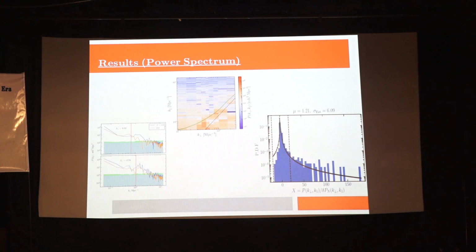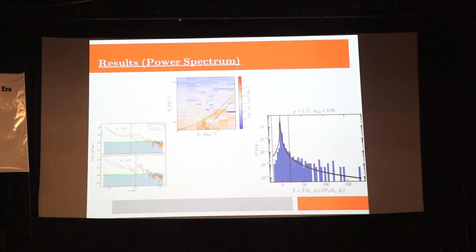From here we have selected this portion of the 21 centimeter window, which we considered to be relatively foreground free, and we have checked the statistics of the power spectrum modes that we are getting from this region. This shows the histogram for the variable x, which is the ratio of the power spectrum to the expected statistical fluctuations due to the system noise.